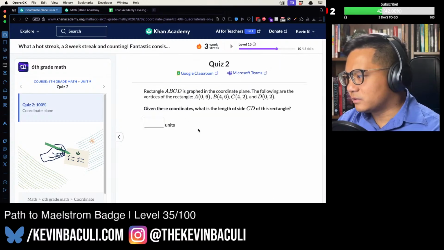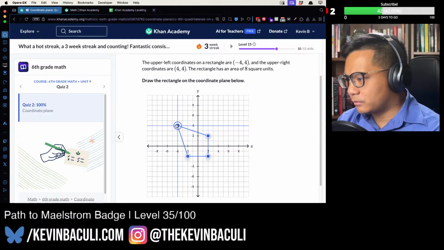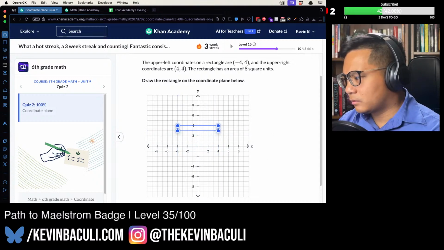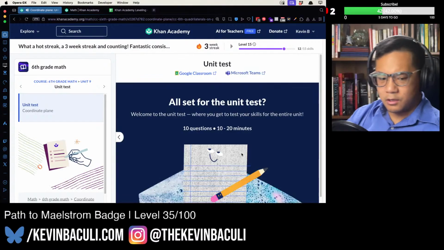Length of CD 4. 4, positive 4. There we go. Cool.